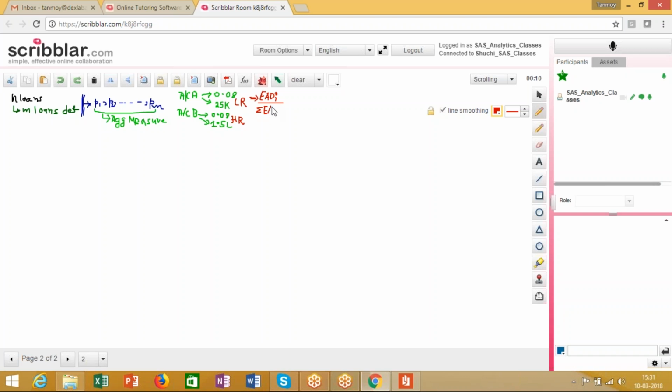What I want to know here is the relative exposure. This is the weightage given to an account. The weights are nothing but relative importance.